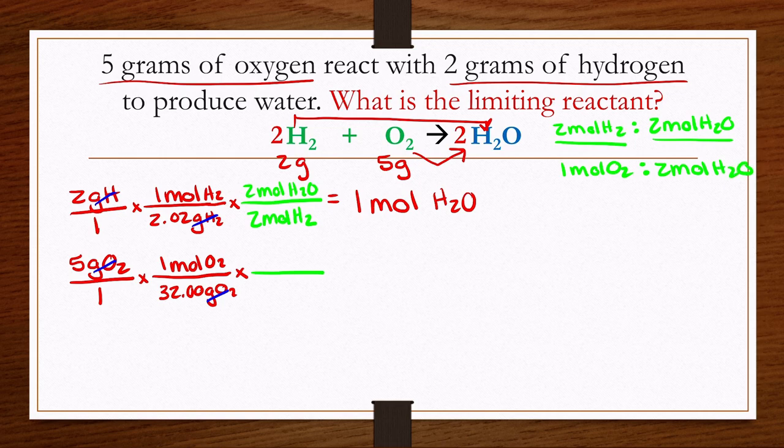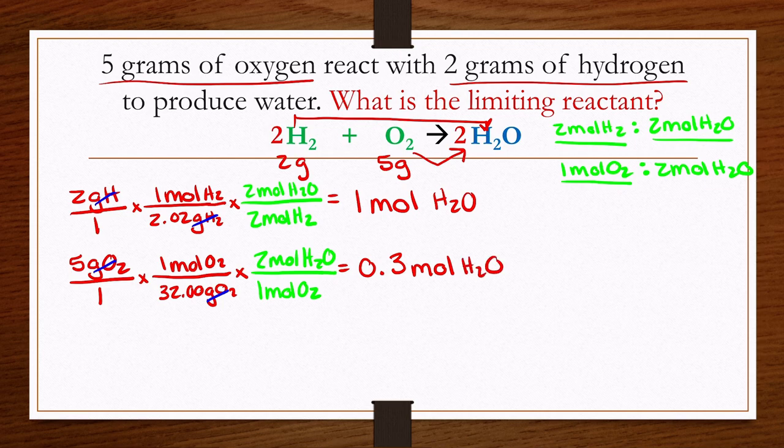And I just want to set this up as a conversion factor so that moles of O2 cancel out. So 2 moles of H2O on top. So in my calculator, I would type 5 divided by 32, multiply by 2, and I would get 0.3 moles of H2O.